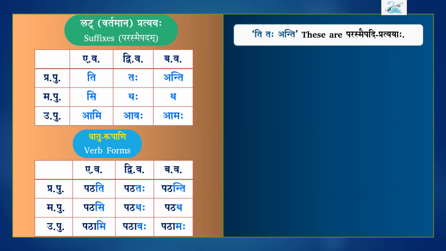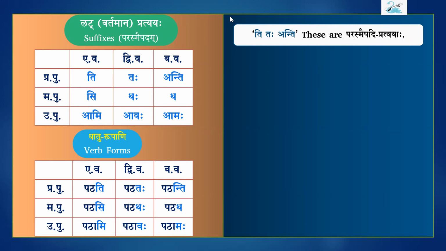Right? So the pratyaya should be like ati, atah, anti. Actually, this is the vikarana of bhvadi gana. So it will be fine if you use ati, atah, anti, asi, athah, atha; that is also fine. That is particularly the vikarana. We will be discussing vikarana after some time. This will be good.